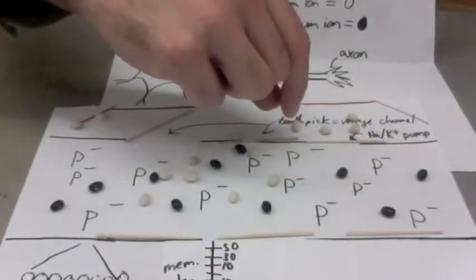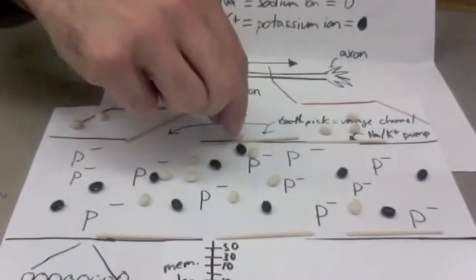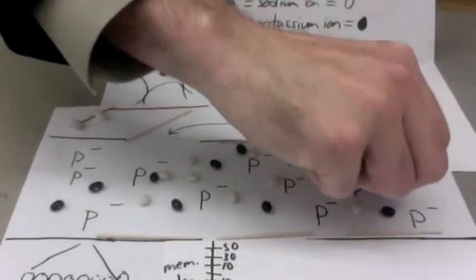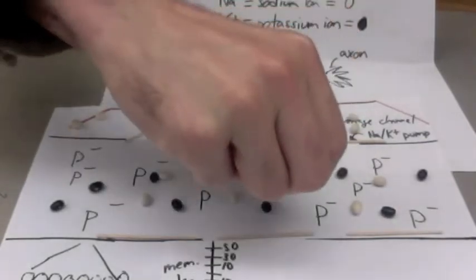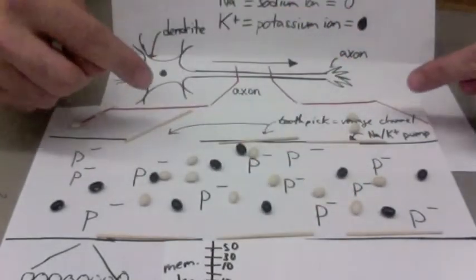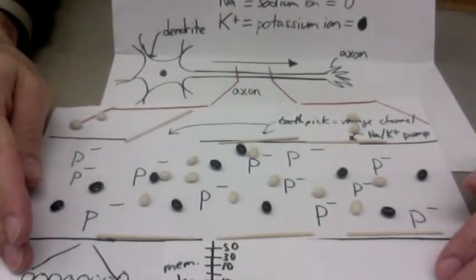This movement of sodium ions in from a largely sodium-filled outer space will cause the membrane potential to surge quickly up to about positive 50 millivolts.